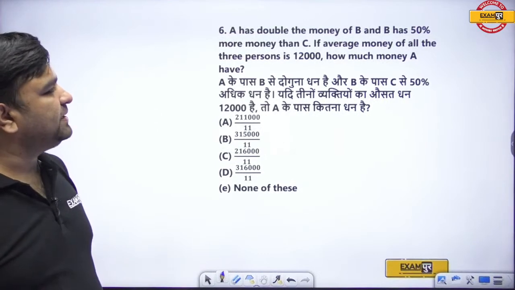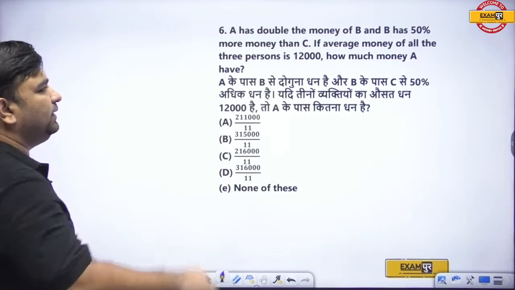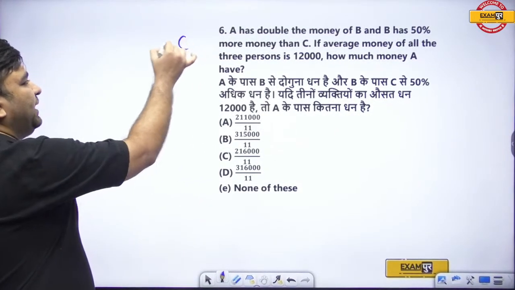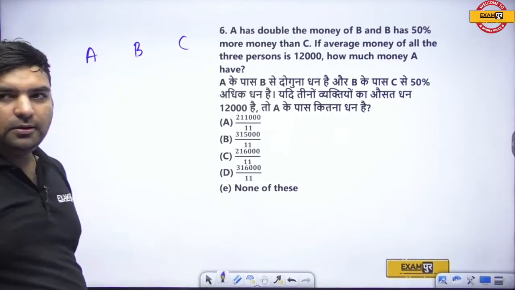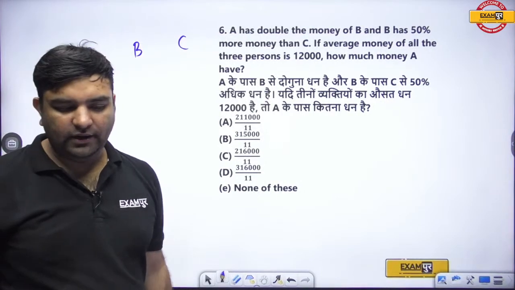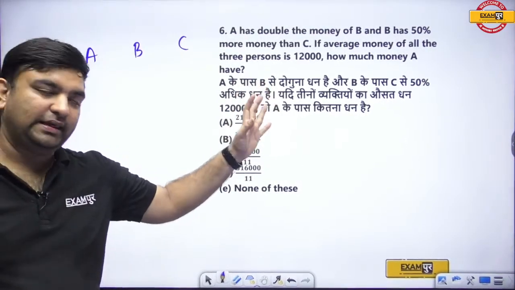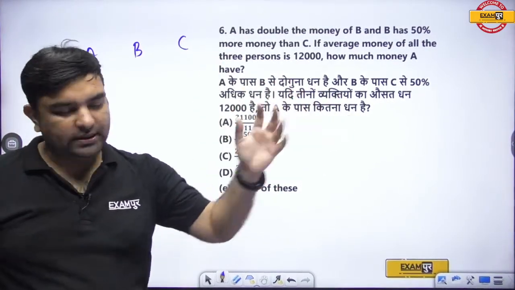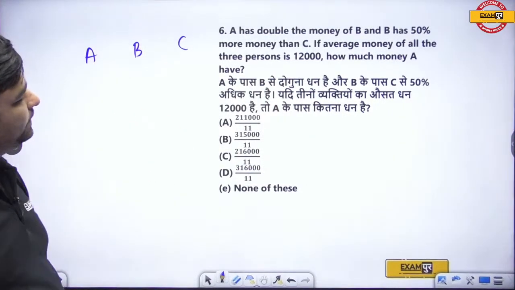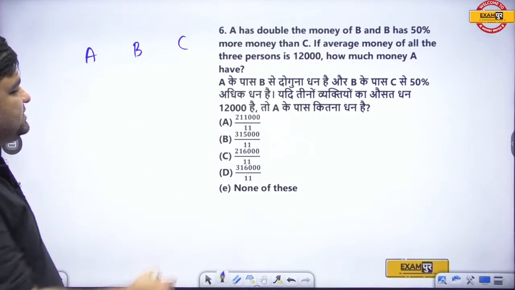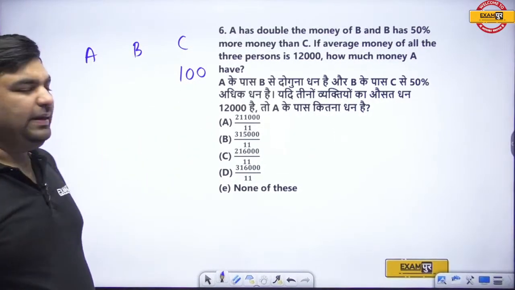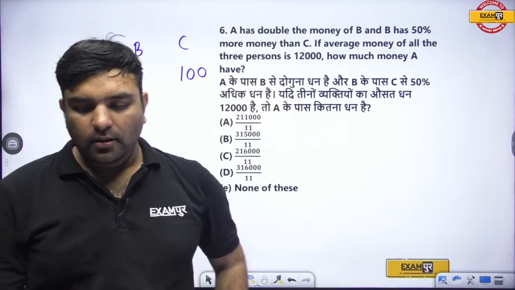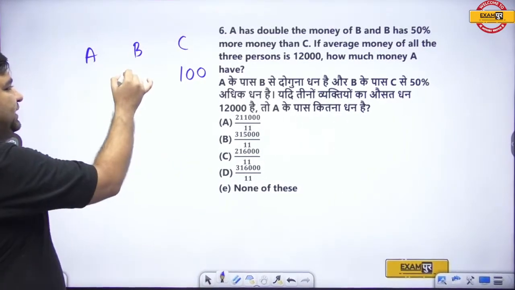B has 50% more money than C. A, B, C. Always start from the behind. We have done a category of question like this in the previous session as well. Let's suppose C has 100. B has 50% more, which means 150.